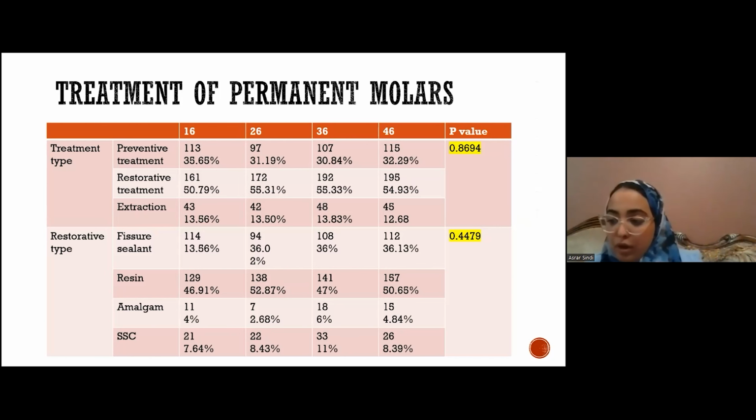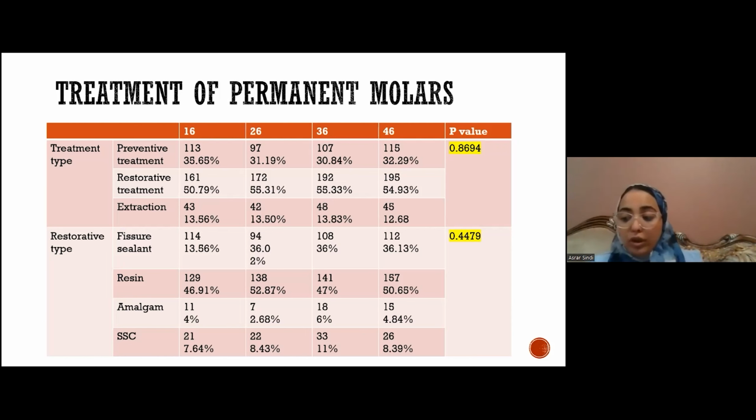Treatment of first permanent molars in relation to treatment type and restorative type. Now we divide the treatment type into preventive, restorative, and extraction. Most of the patients received restoration treatment more than other treatment for their molars, first, second, third, and fourth. Also, we divide the restoration into fissure sealant, resin, amalgam, and stainless steel.